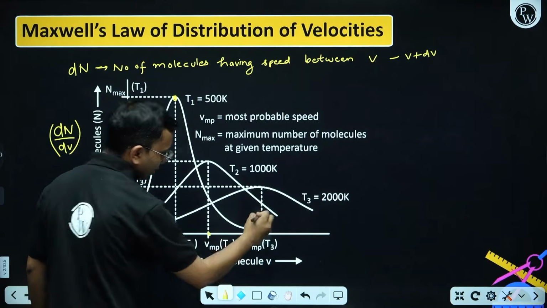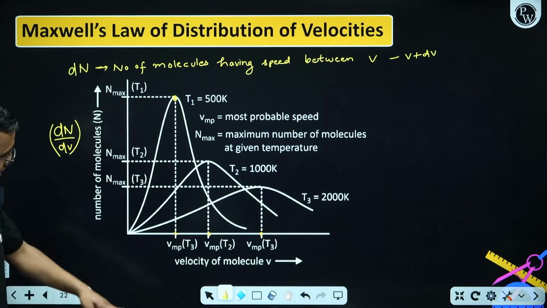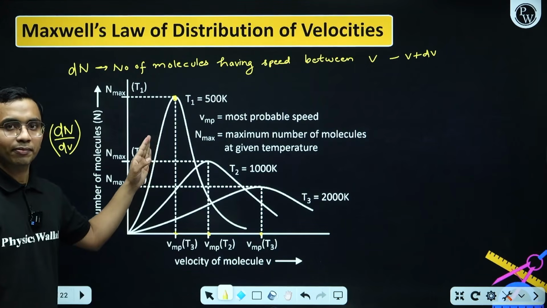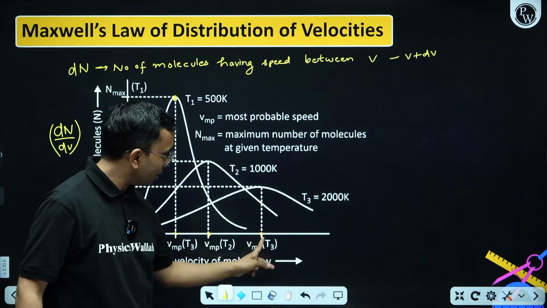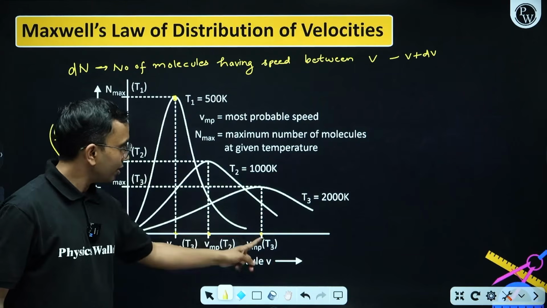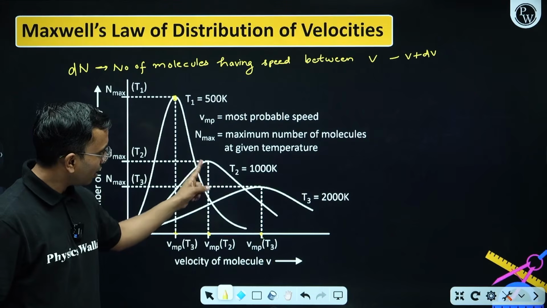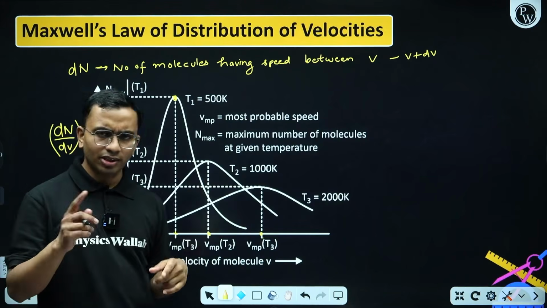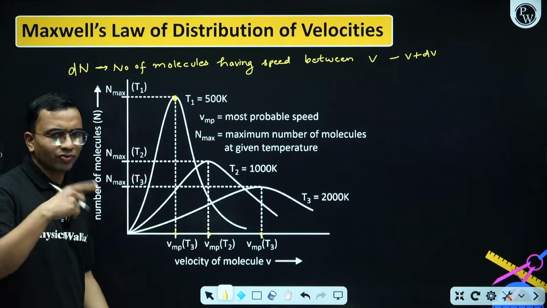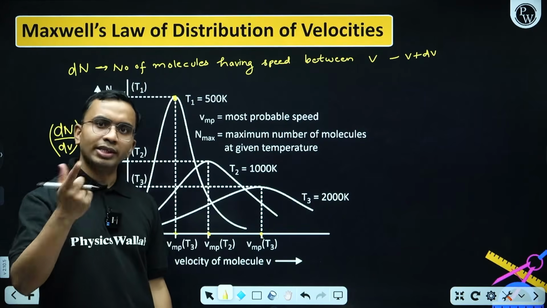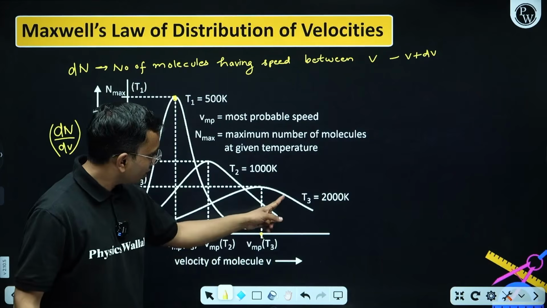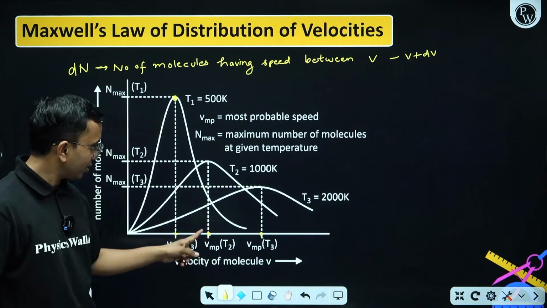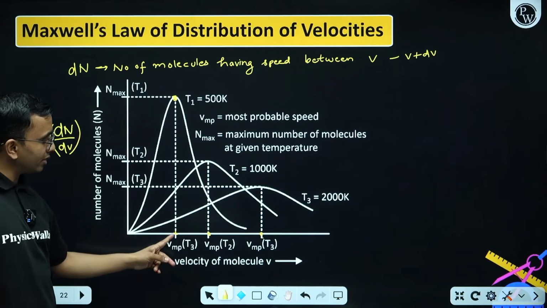As the temperature is decreasing, my most probable speed is also decreasing. I mentioned it the other way earlier, I think I made a mistake, because we know V is equal to root of 2RT by M. If temperature decreases, V will also decrease. This is 2000, if we go to 1000, the most probable speed is lesser, and if you go to 500, the most probable speed is lesser.